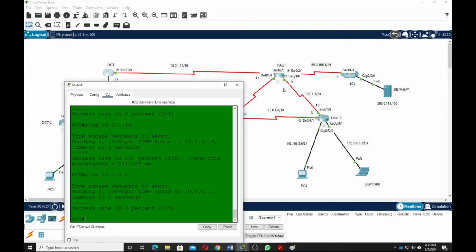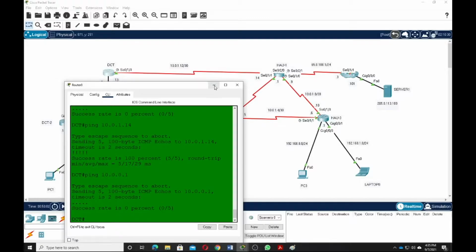So the network 10.0.1.8/30 and the others are not in its routing table, so it doesn't know about the networks of HAU1. In order for DCT to communicate with the point-to-point network, we need to configure the protocol. In this case, we're going to use OSPF version 2.